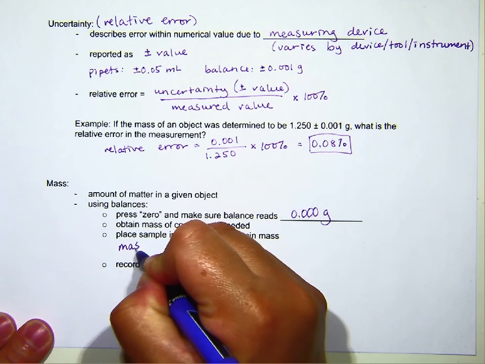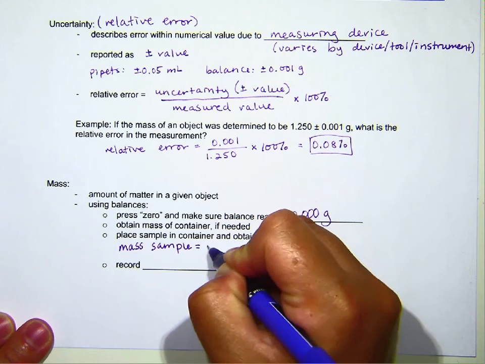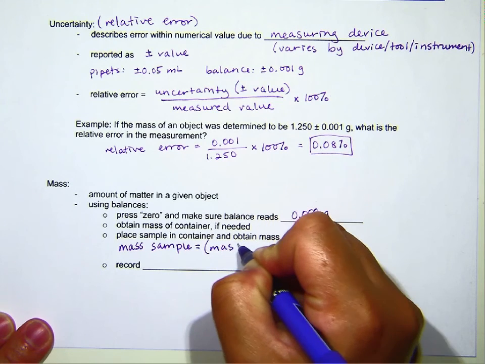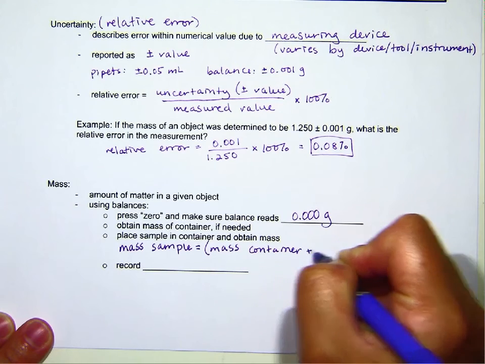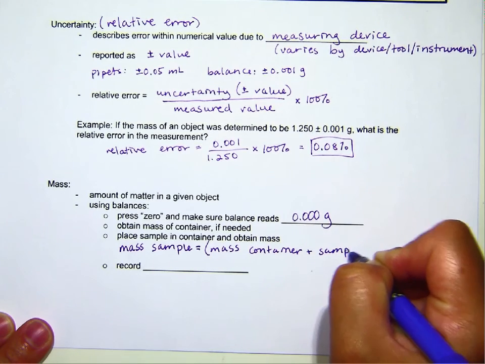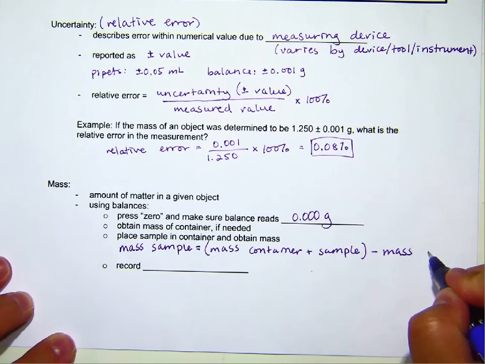So the mass of our sample will then of course be equal to the mass of our container plus the sample minus just the mass of the container.